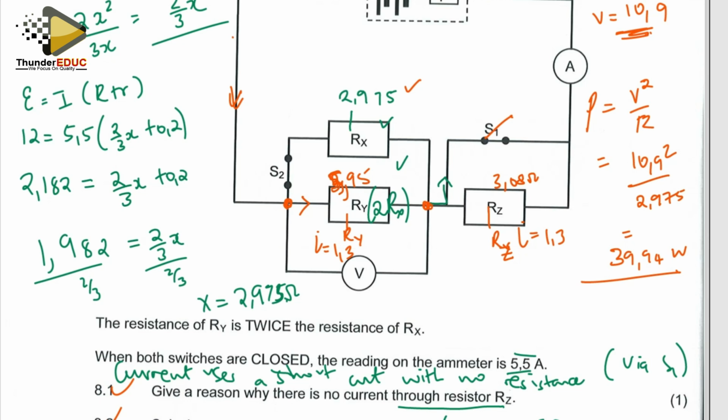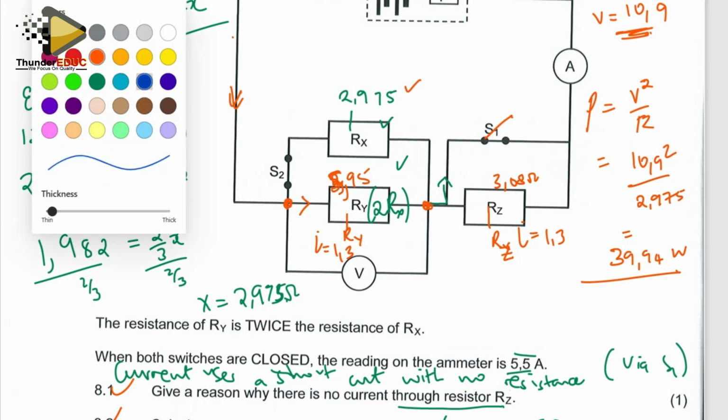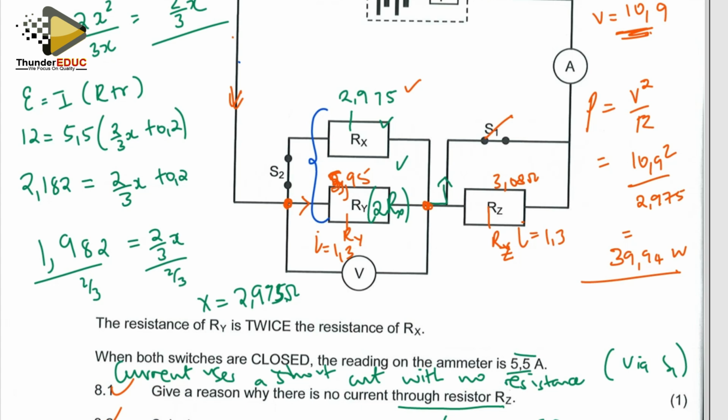So we can go back and say that initially we saw that this parallel combination was giving us 1,982 ohms. We can just confirm that and see.